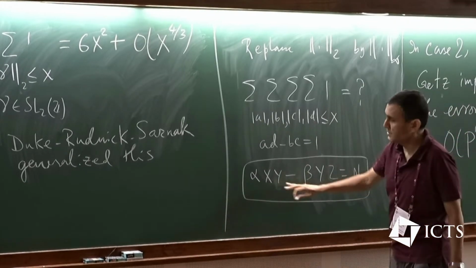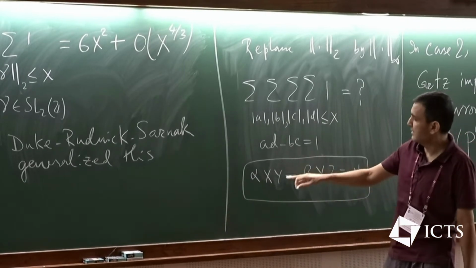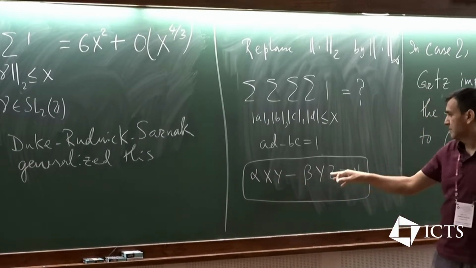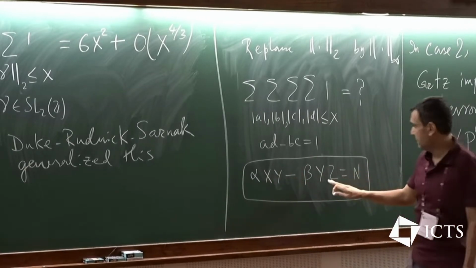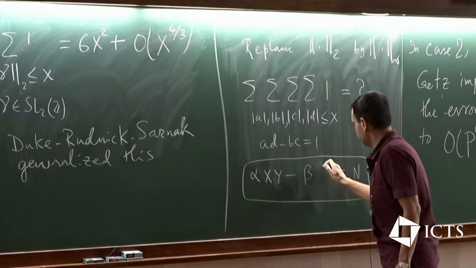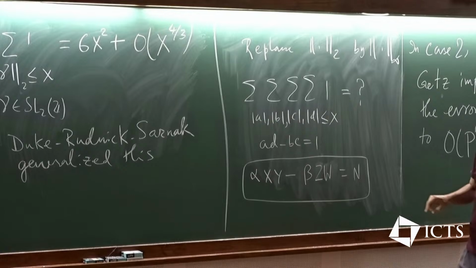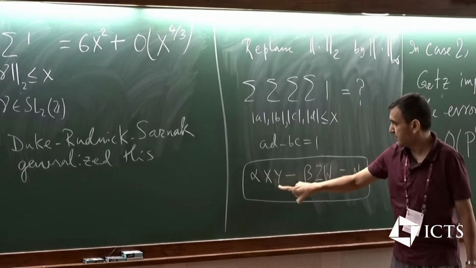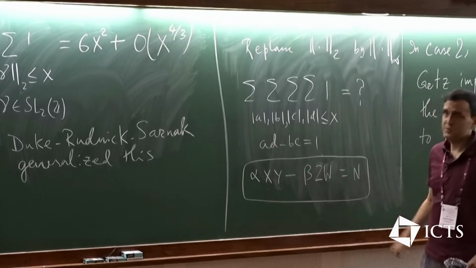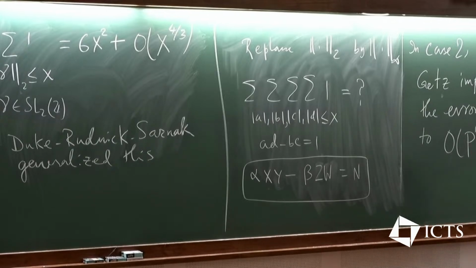And the shape of the equation is important. If we had x square plus y square minus z square minus w square equal to n, then this thing will not work, what I'm about to say.